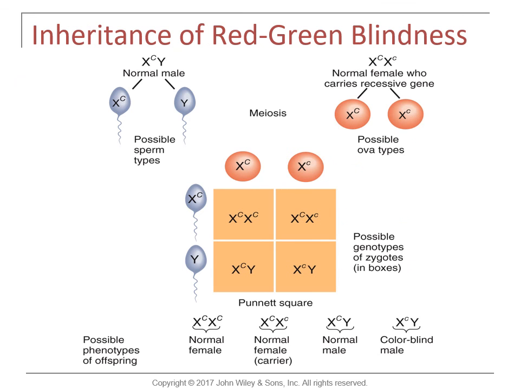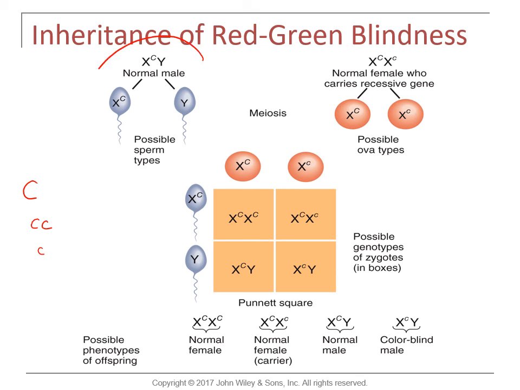So here we have a Punnett square for the inheritance of red-green blindness. Just like we said, the normal individual is going to have the big C. Once you're a female and have two little c's, you're going to be colorblind, or if you're a male and have one little c, you're going to be colorblind.